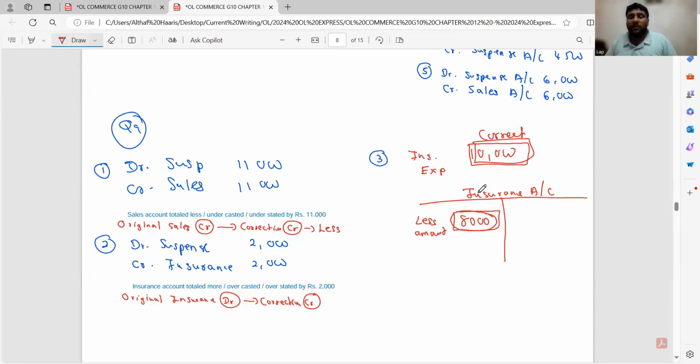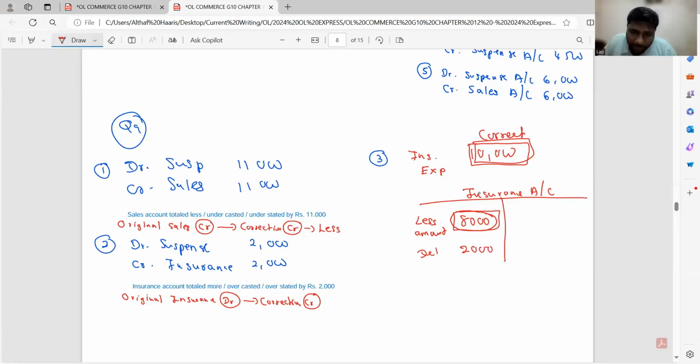Wrong. How much is missing? 2,000. Then, people, to correct my mistake, for which side do I have to write that 2,000? To the debit side.